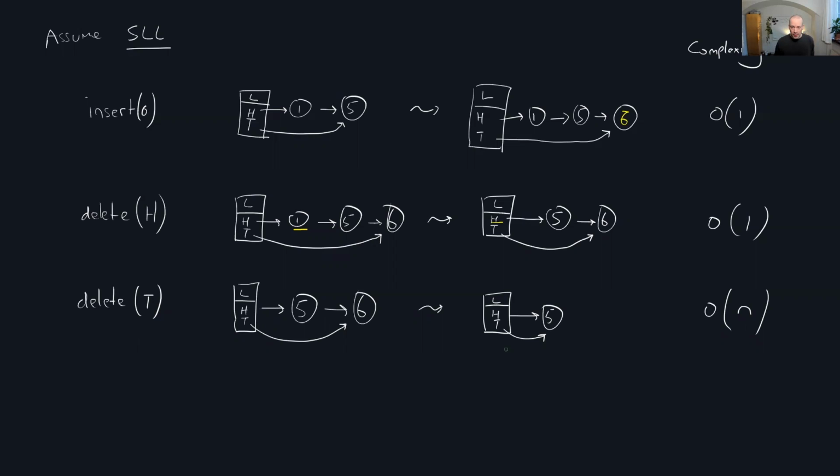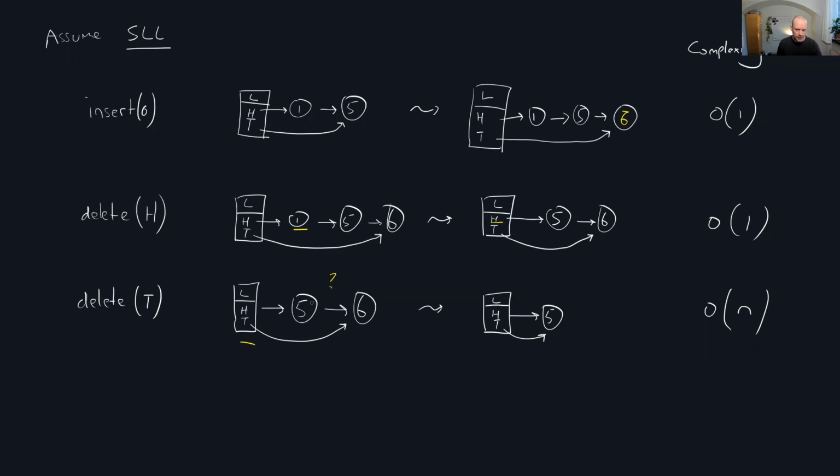The way to think about it is, yes, it is fast to find out what the tail is. We find that in one operation. The problem is that we have no idea who the next tail should be. There's no pointer back to 5, so we have to rediscover the tail of the list.